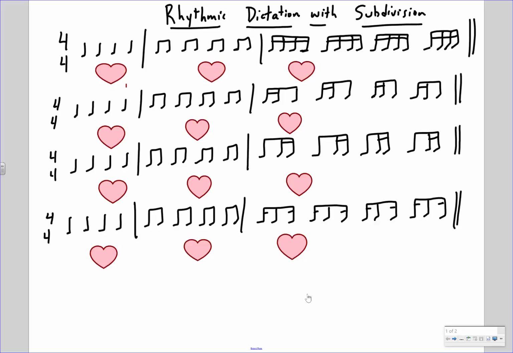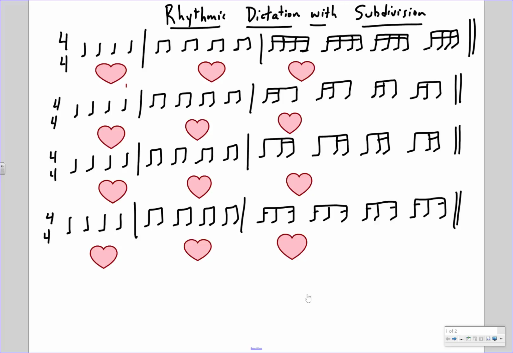This is my system that I use when I have to deal with rhythmic dictation involving subdivision. I'll make hearts. Since there are 4 beats in the measure, I'll actually make 4 hearts. Right now I just have 1 heart per measure just to show you what I'm going to do inside the heart. The heart represents the beat.